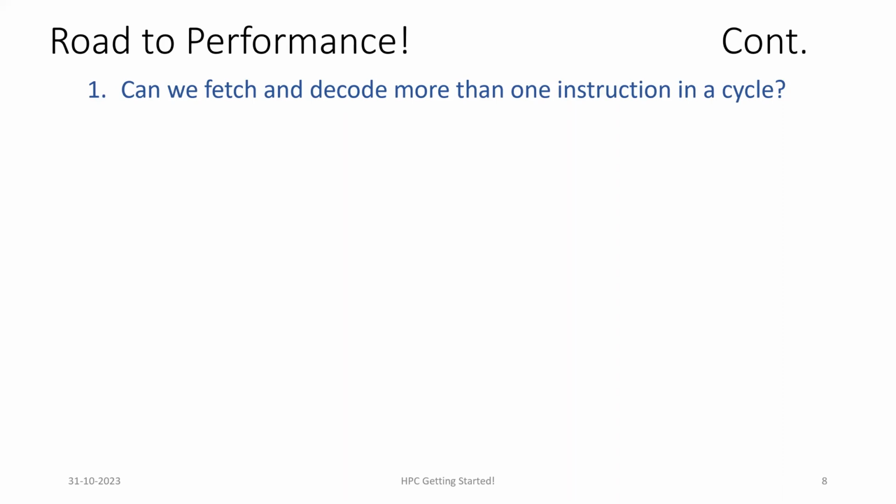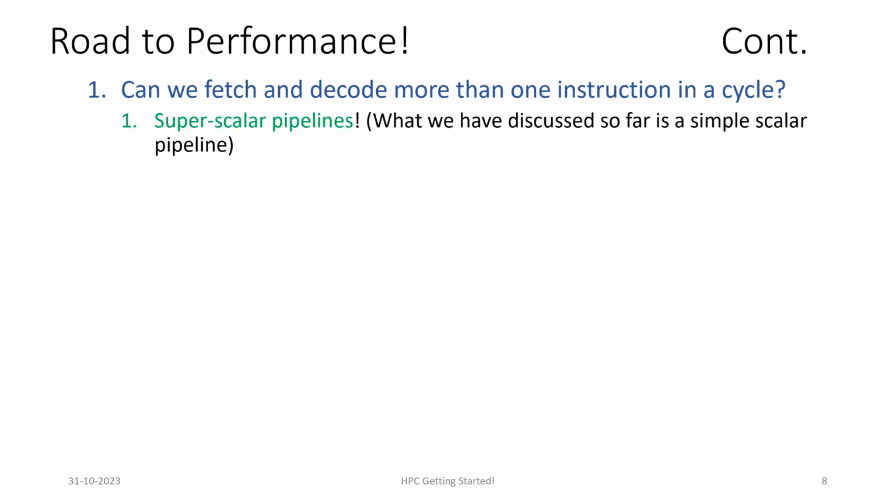Let's say if we have 4 instances of it, I can effectively fetch 4 instructions, decode 4 instructions, execute 4 instructions, and eventually retire or complete 4 instructions in one cycle. So this was one major breakthrough, and accordingly, a very high performing complex pipeline was developed, which we call superscalar pipelines. What we have discussed in the previous slide was primarily a simple scalar pipeline.